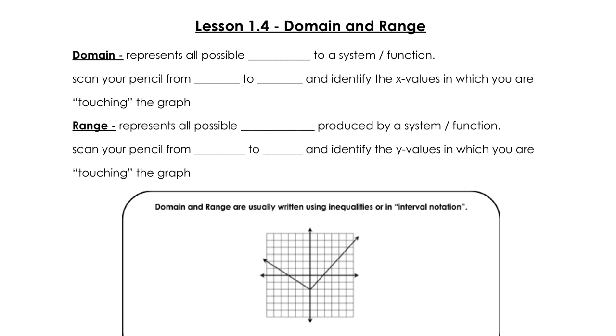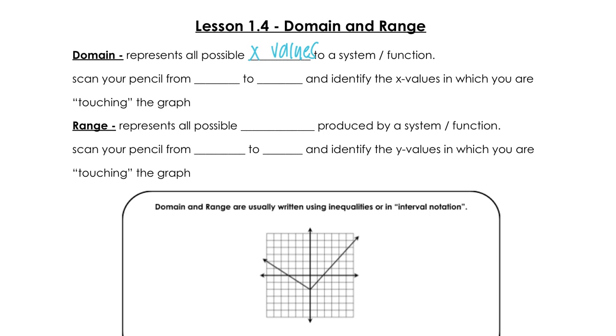Okay, so let's talk about what domain and range are. Domain represents all of the possible x values for a system or a function, okay? In order to determine what the domain is, a trick is to take your pencil vertically, like up and down, and scan the graph from left to right.